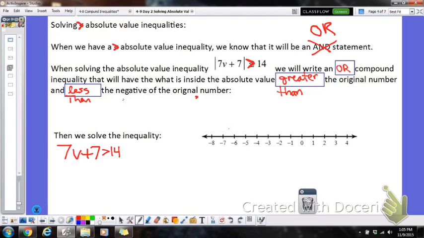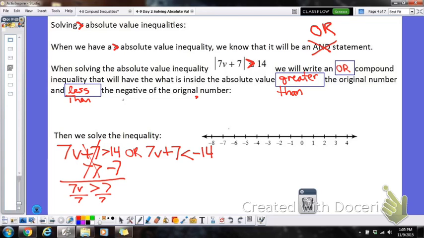Then we take 7v plus 7 and make it less than the negative of the original number, so negative 14. Since this is an OR statement, I can put OR in the middle. Now I just need to solve each inequality. Subtract 7 from both sides, and I get 7v is greater than 7. Then divide by 7 on both sides, and I get v is greater than 1.